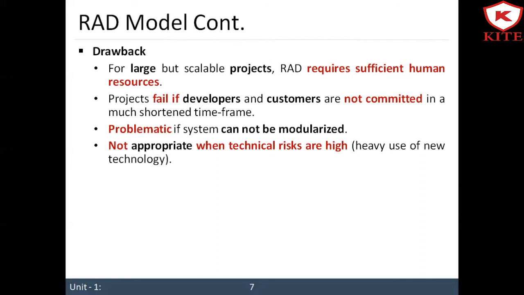The third one is, if a system cannot be properly modularized, building the components necessary for rapid application development will be problematic. So it is compulsory to modularize in a proper manner. The fourth one is, if high performance is an issue and performance is to be achieved through tuning the interfaces to system components, the rapid application development approach may not work.